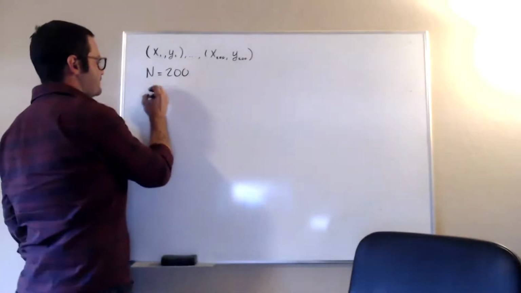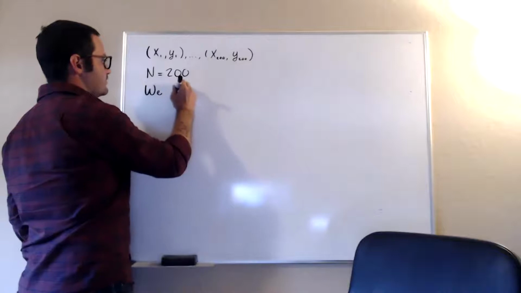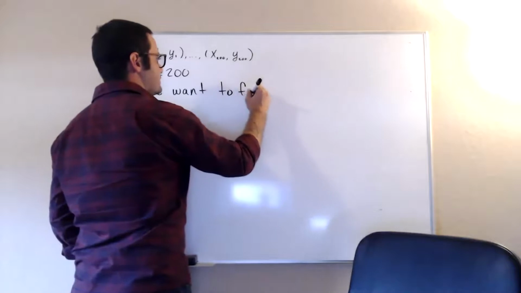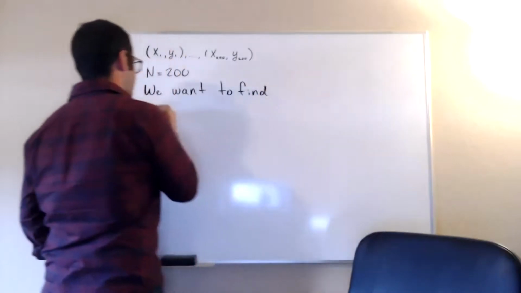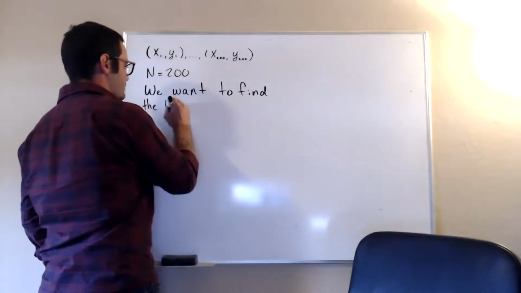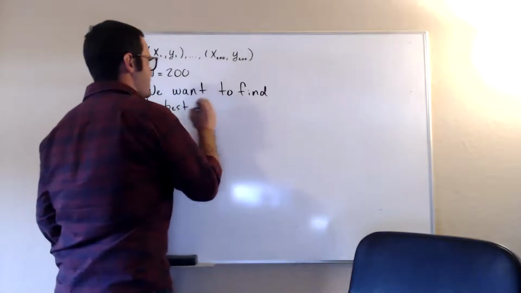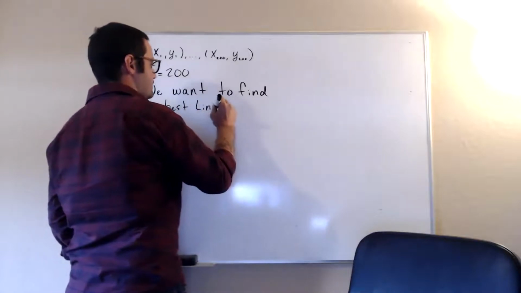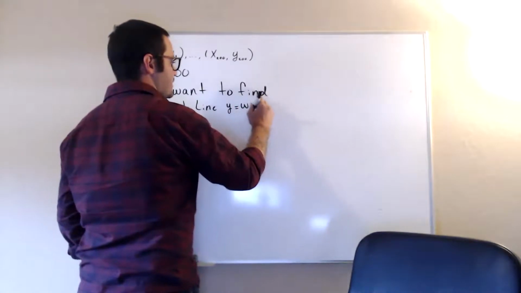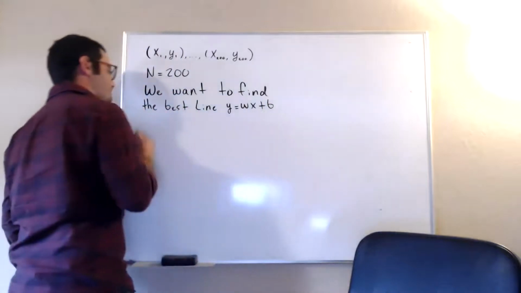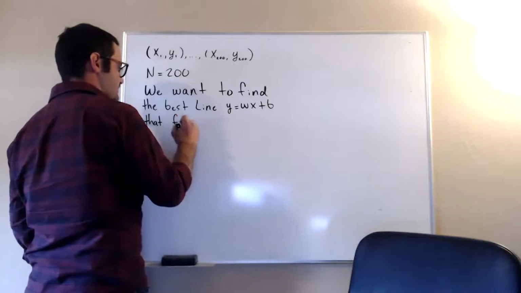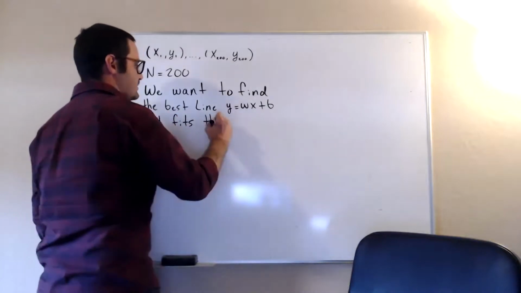So we want to find the best line, y equals wx plus b, that fits the data.